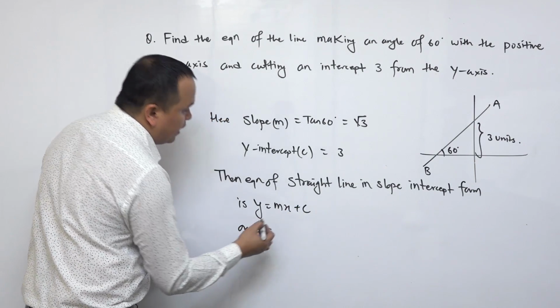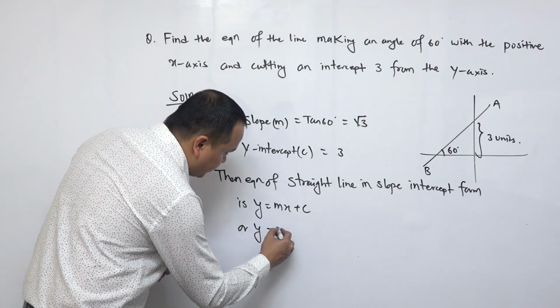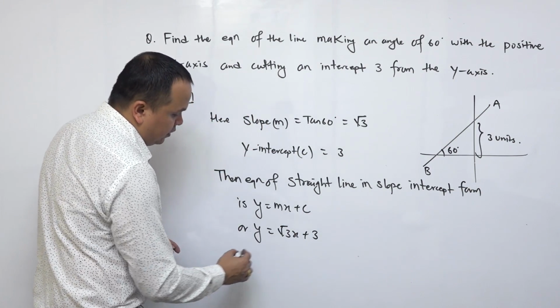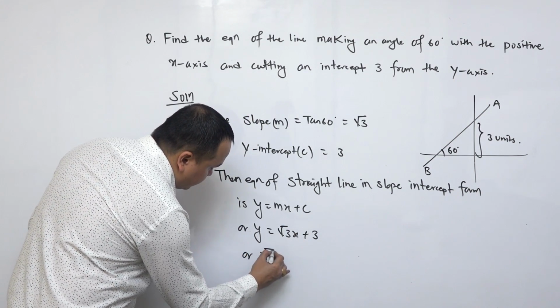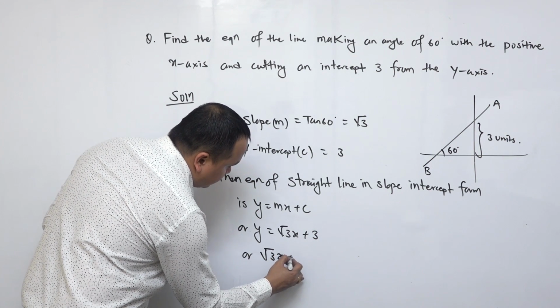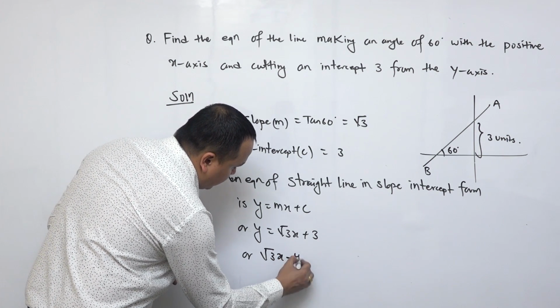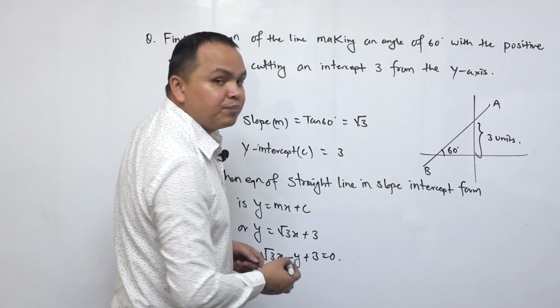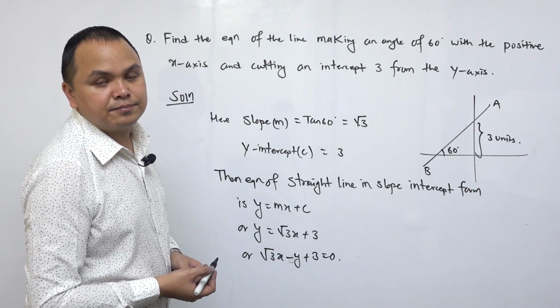We have m is root 3 and c is 3, so y is equal to root 3 x plus 3, or root 3x minus y plus 3 is equal to 0, which is the required equation.